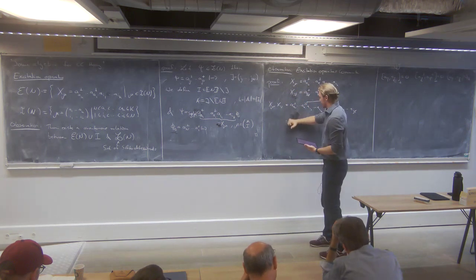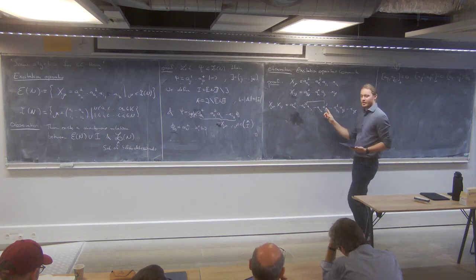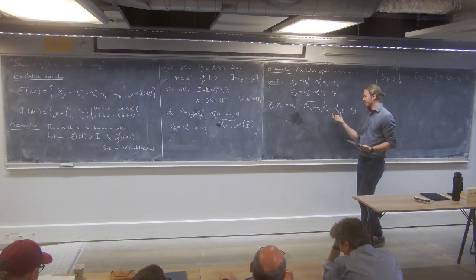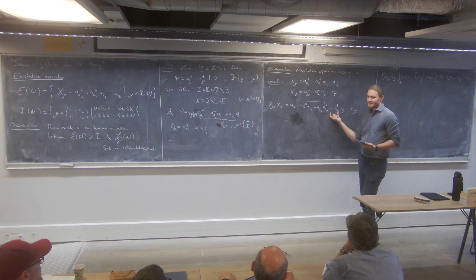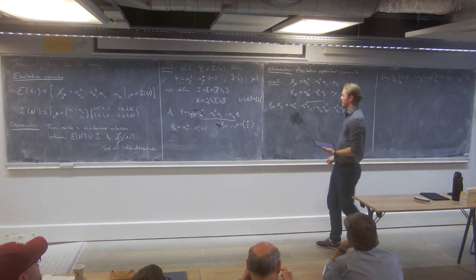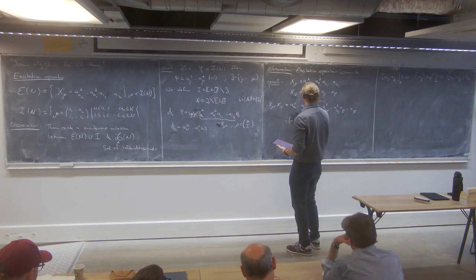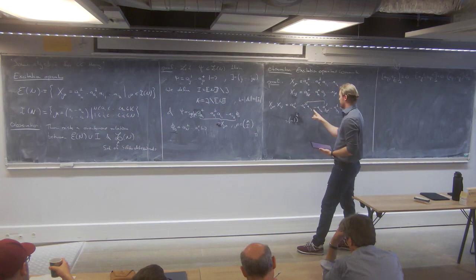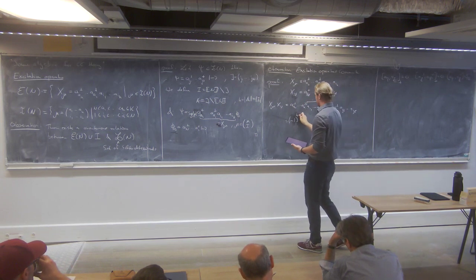Actually, let me skip this intermediate step. I think this argument is clear. And then you can do this for all the other daggers too. Each of them will only pick up a -1. For each of them you get K, and there are L many of those.